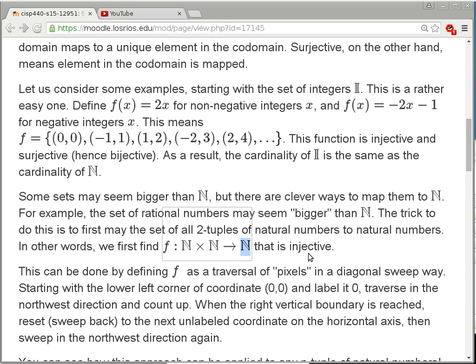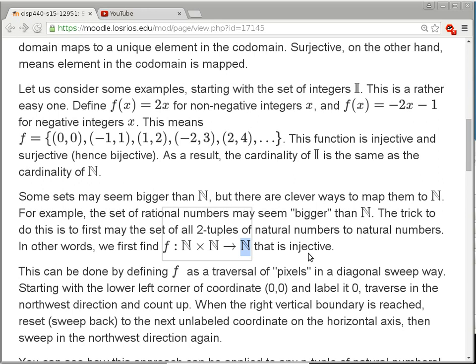No questions? Okay. So the way we do this is it's actually easy to draw. In the notes, I describe it, but it's easy to draw it. So what you want to do is imagine that you have two axes, x, y. This is our x-axis here, and this is our y-axis here. The way you do it is you traverse the pixels, quote-unquote pixels, because we are not dealing with real numbers. We're dealing with just integers or natural numbers in this case.